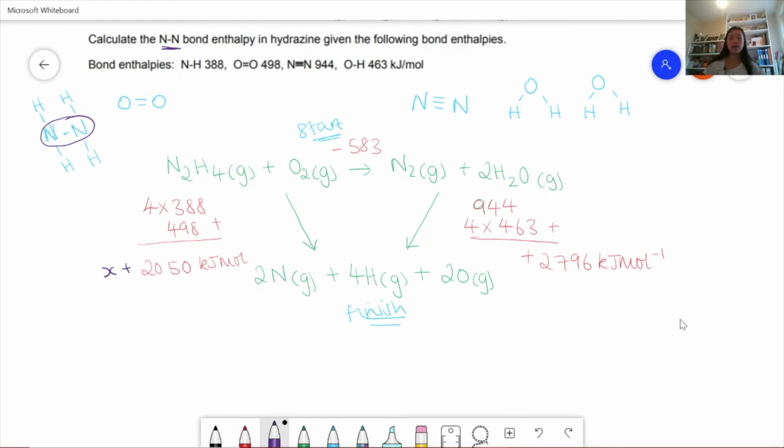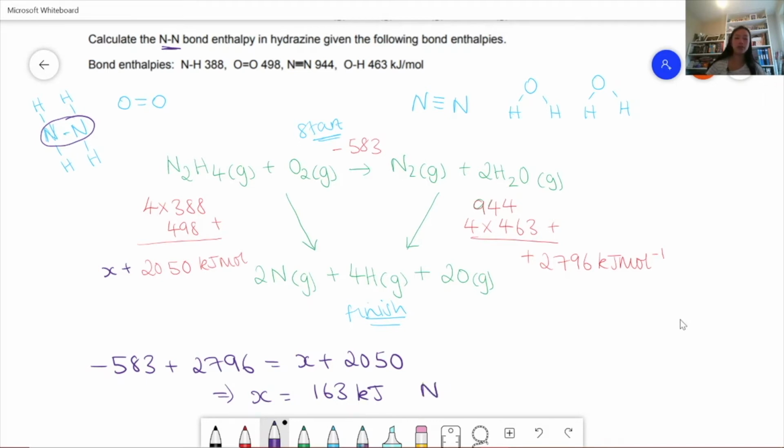Then we have minus 583 plus 2796 is equal to, if we go from here to here, X plus 2050. Now we rearrange for X. So X equals 163 kilojoules, and this is the bond enthalpy of the NN bond.